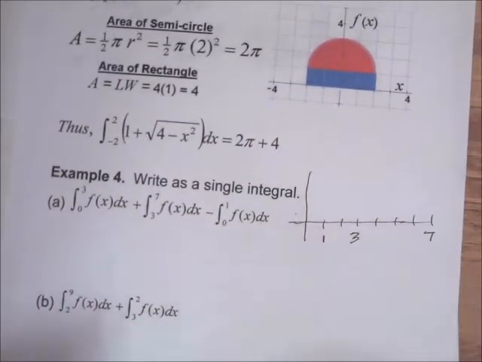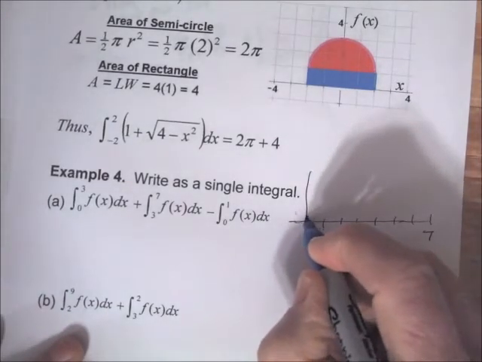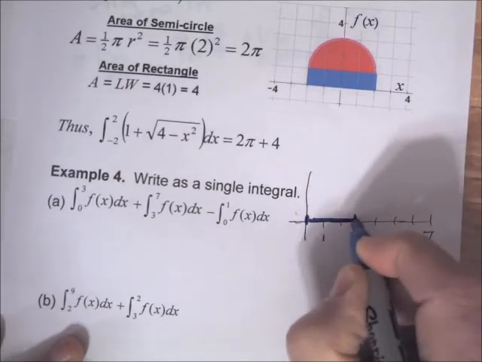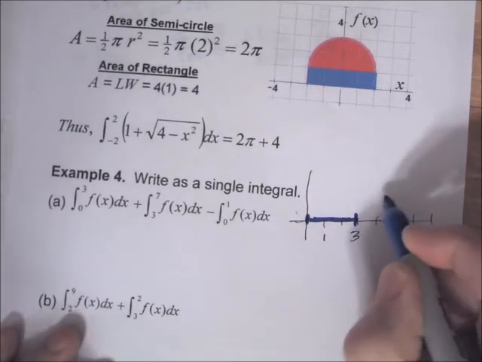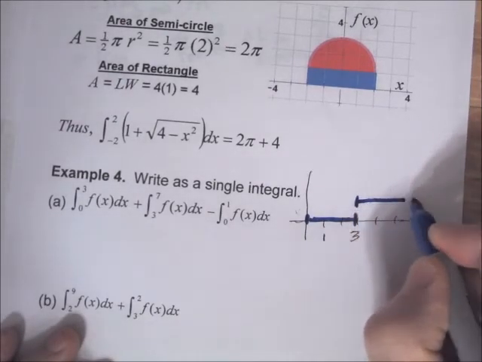Let's say the integral from 0 to 3, I'll put that in blue for plus. And the integral from 3 to 7, I'll put that in blue too. That's a plus.